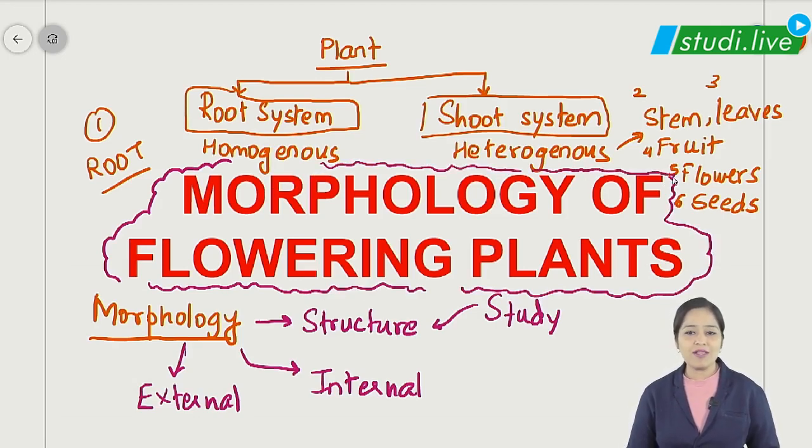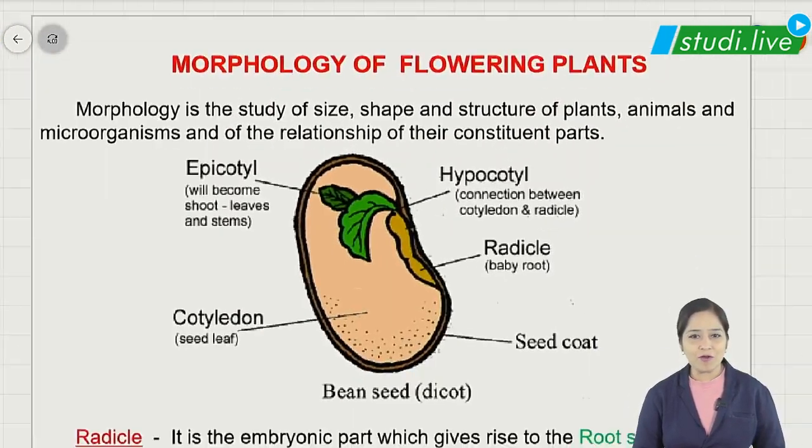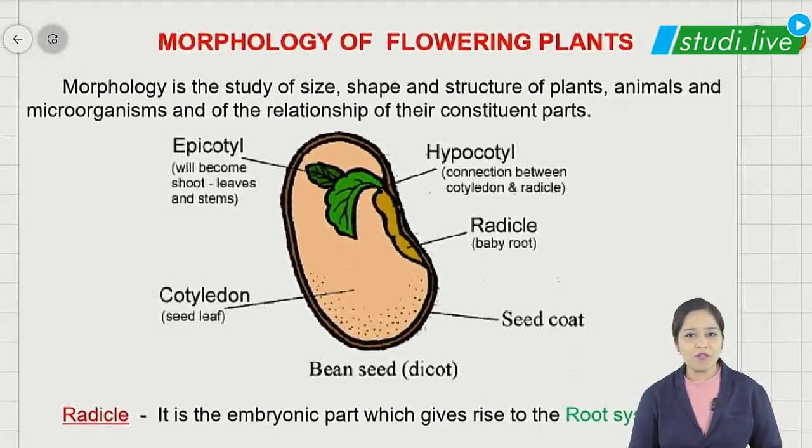So when we begin with the chapter, let us see the first topic over here. When we see morphology of flowering plants, morphology means what?